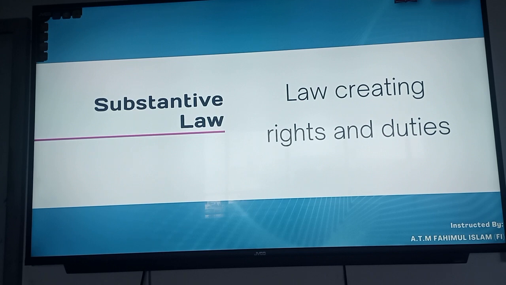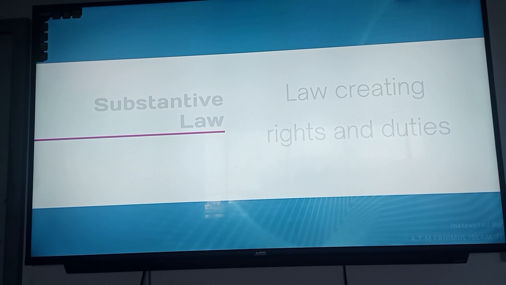For example, a claim to recover for a breach of contract or negligence or fraud would be a common law substantive right. A state statute giving an employee the right to sue for employment discrimination would also create a substantive law. So it is the law creating rights and duties.